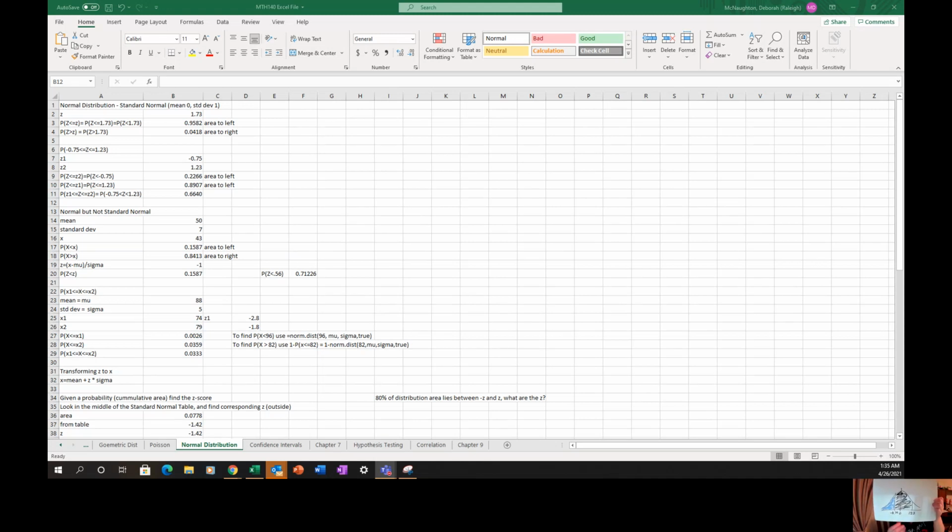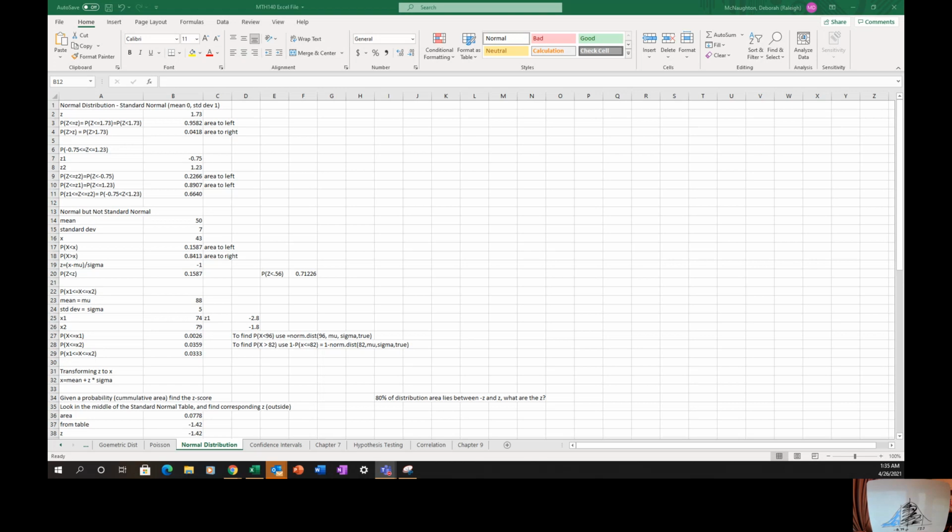All right, so you should see my graph. Okay, so this is the negative 0.75. So the probability that Z is less than negative 0.75 is out here in the blue. And then what I want is this area in the black, which is the probability that Z is between negative 0.75 and positive 1.23. So that's this area.